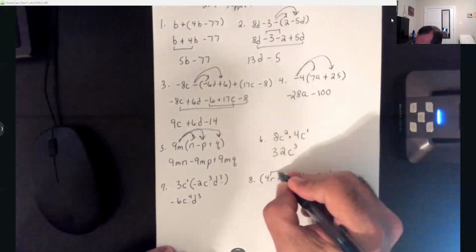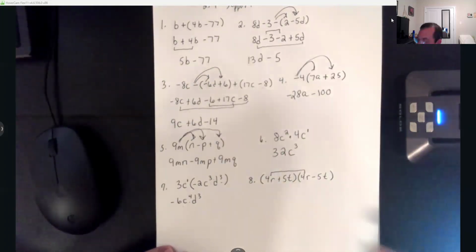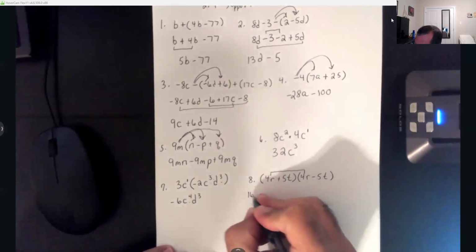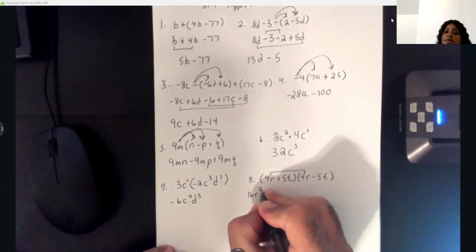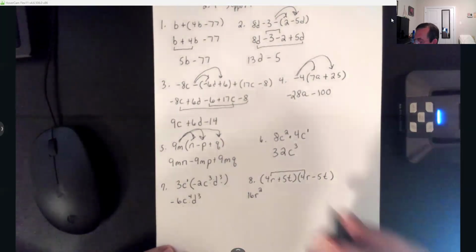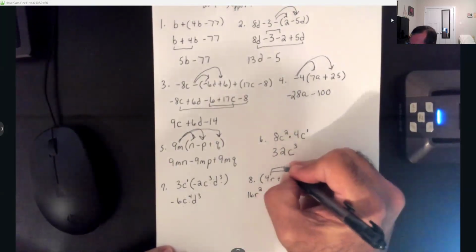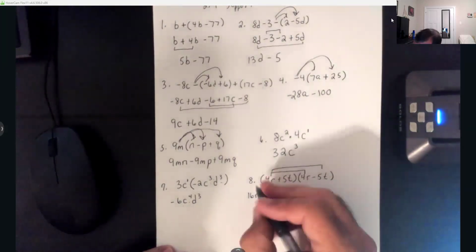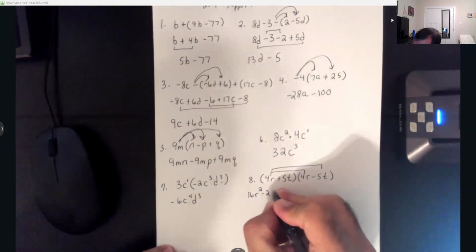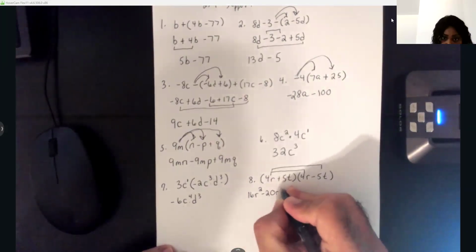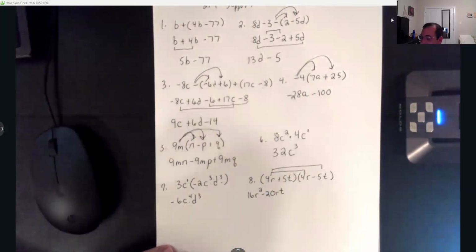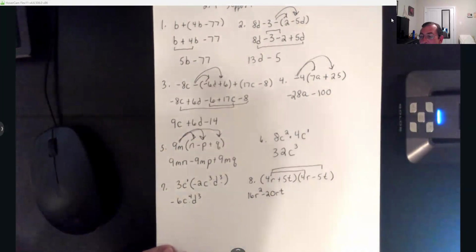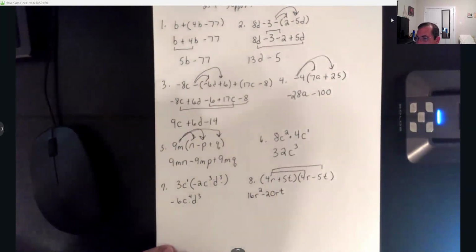I'll start with the 4r times 4r, which is a 16r squared. There you go. Now do me the 4r times negative 5t. That's going to be a negative 20rt. And I'm just going to keep mine in alphabetical order as I'm going through, okay?